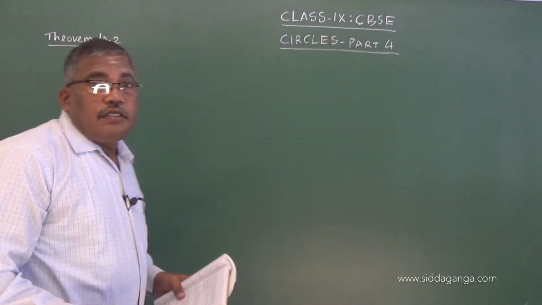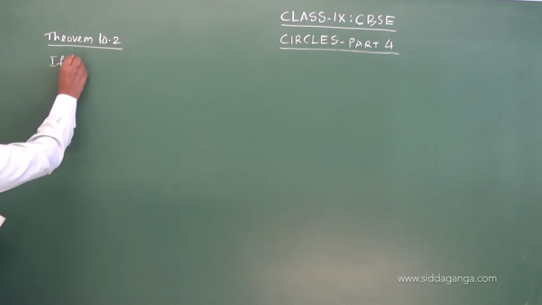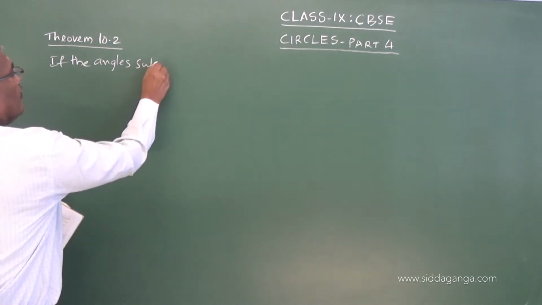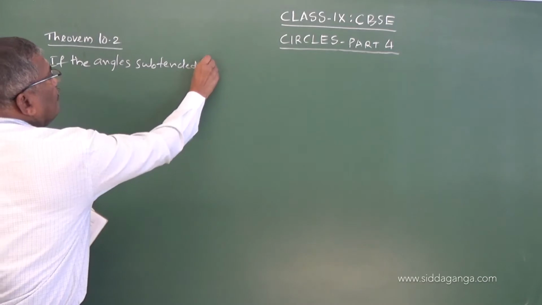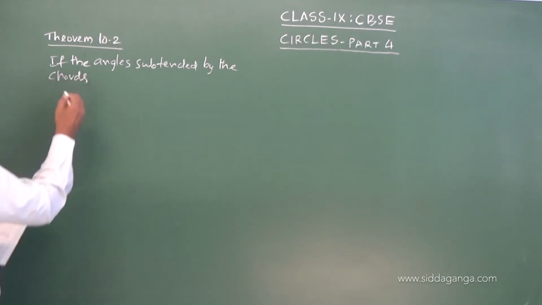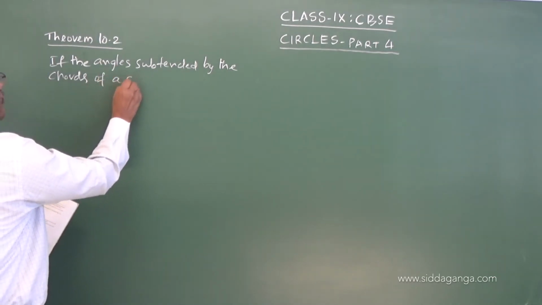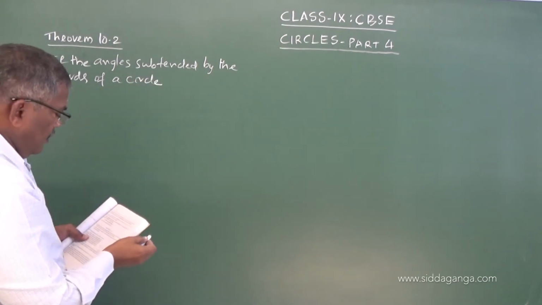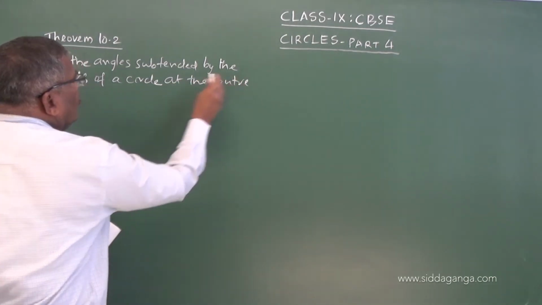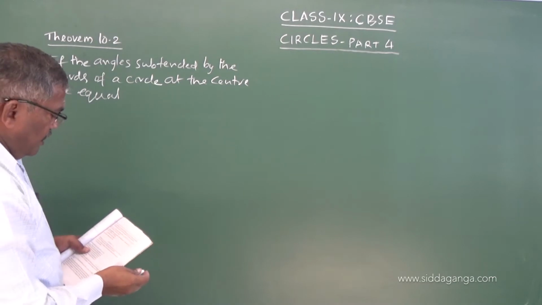So it states like this: if the angles subtended by the chords of a circle at the center are equal, then the chords are equal.